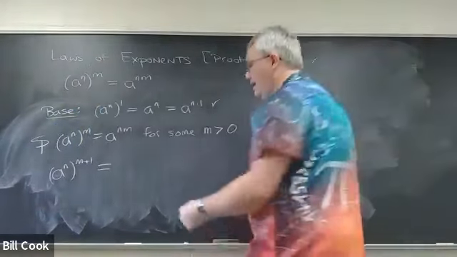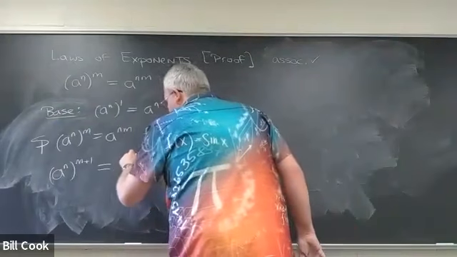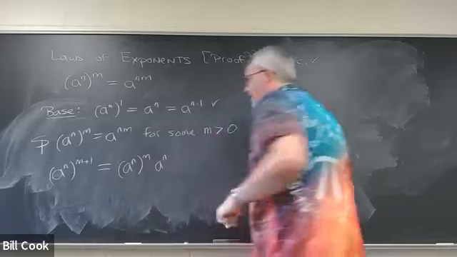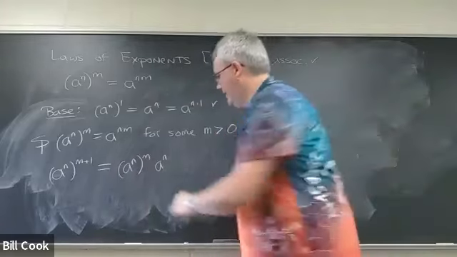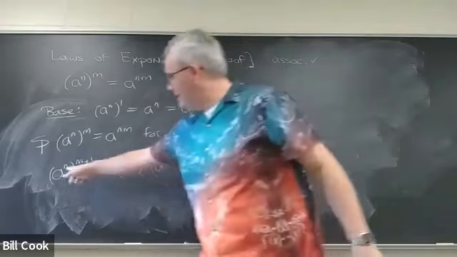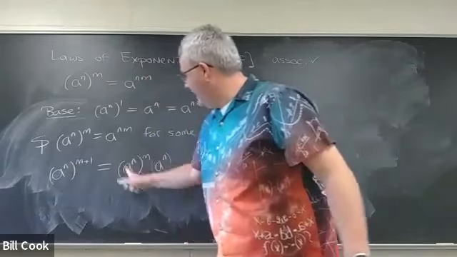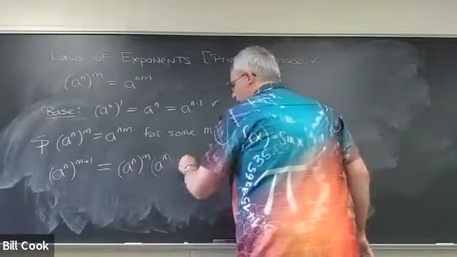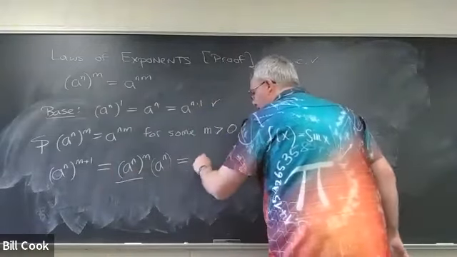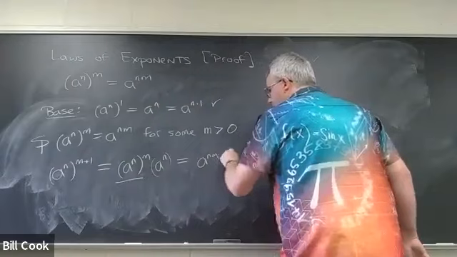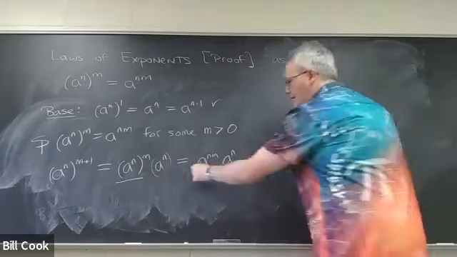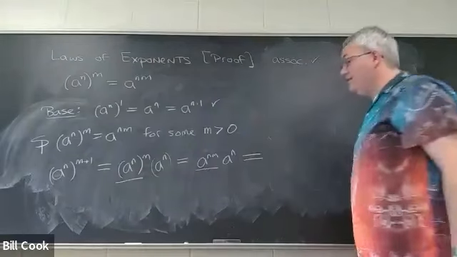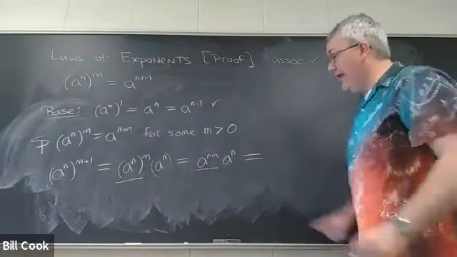I now apply our definition, really. This is (a to the n) to the m plus 1, that's (a to the n) to the m power, times 1 more. We use our inductive hypothesis. That's a to the nm, right? Then we're going to use the law of exponents that we have just proved, that we can add.